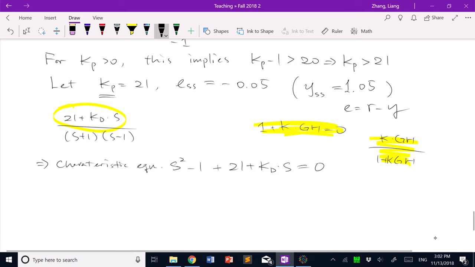And reorganizing the terms, we have S squared plus 20 plus Kd times S.